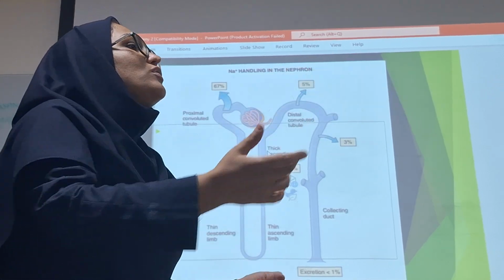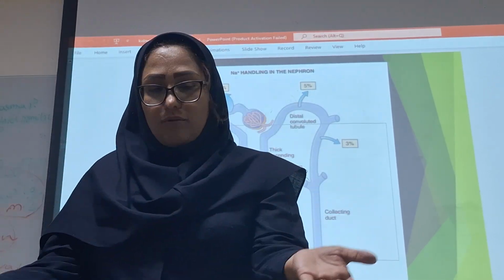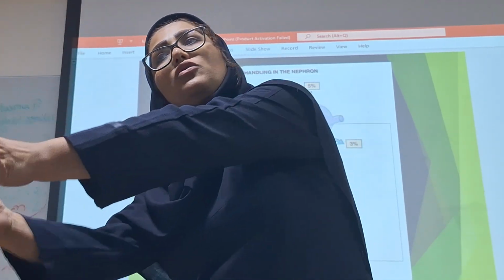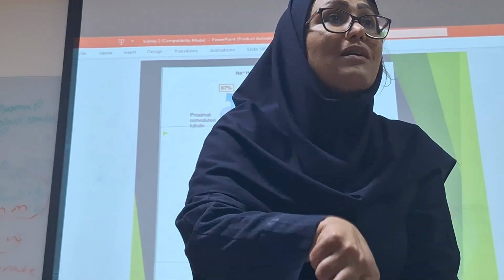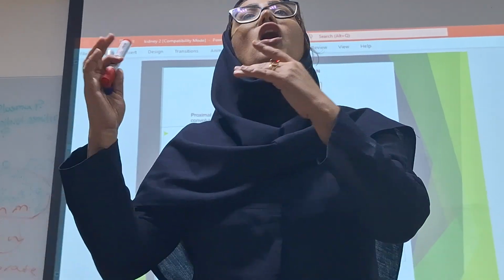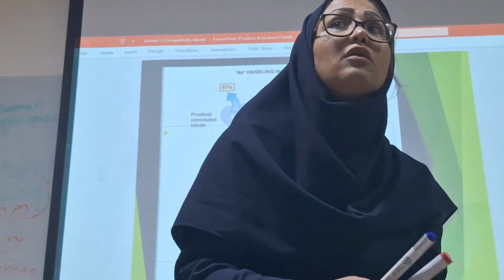At the end of the proximal tubule, what happens? Suppose that here is the end of the proximal tubule. 65% of water and 65% of solute are reabsorbed. Here, the fluid inside the lumen is isotonic, hypotonic, or hypertonic?